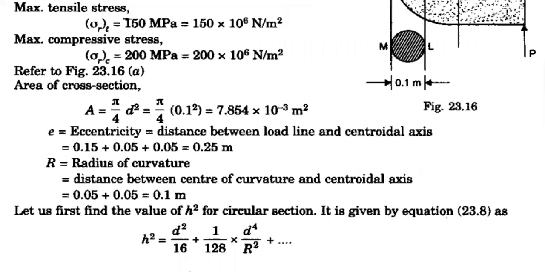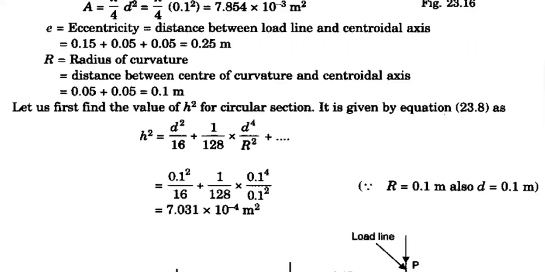Once you know the value of h square, then identify the terminologies. That is the second step.